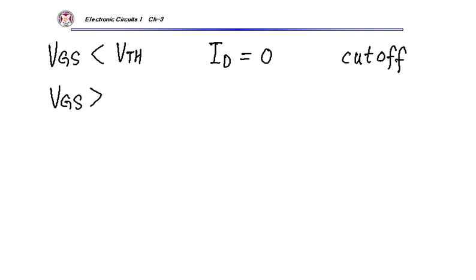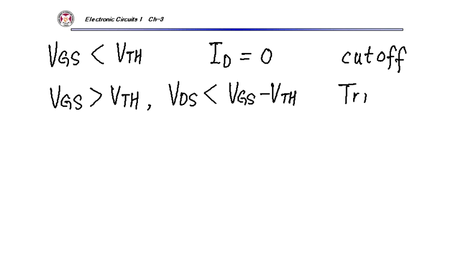If gate source voltage is larger than threshold voltage and drain source voltage is smaller than VGS minus VTH, this is called triode region. This triode represents the vacuum tube.